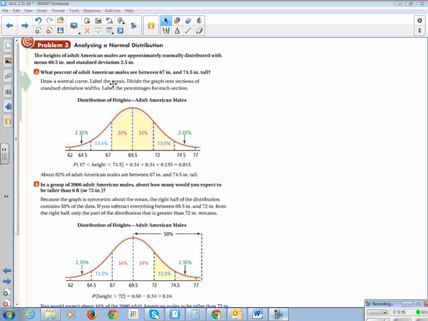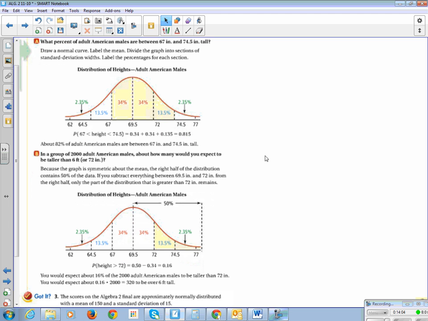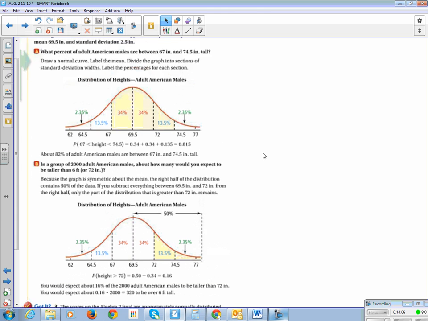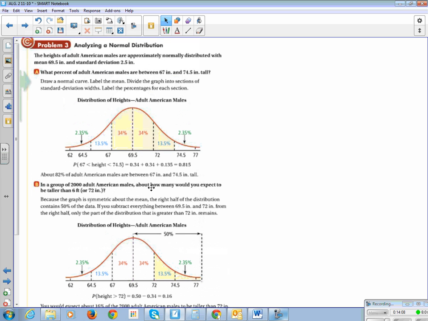Draw a normal curve, label the mean, divide the graph into sections of standard deviation widths. Label the percentages for each section. And then when we do that, we get about 82% of adult American males are between 67 and 74.5. That's the 34, 34, and 13.5.